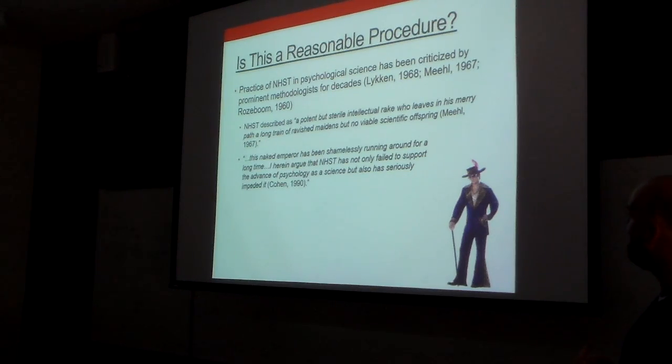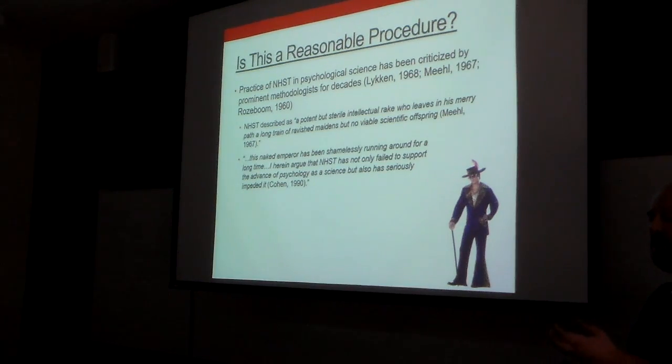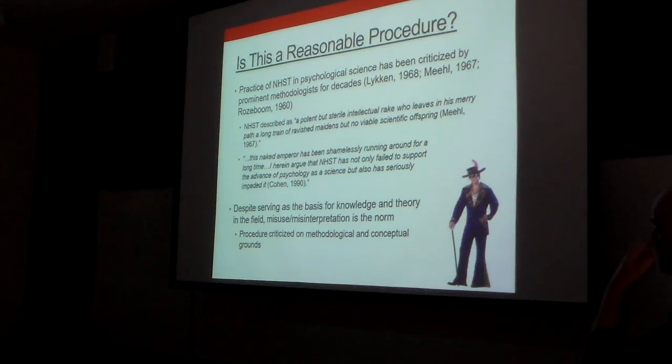This naked emperor has been shamelessly running about for a long time. Another author argues that null hypothesis testing has not only failed to support the advance of psychology as a science, but also seriously impeded it. These are strong words, right? For our basic approach to science, right? It's saying the whole thing is a sham if we get into the nuts and bolts of stuff, okay?